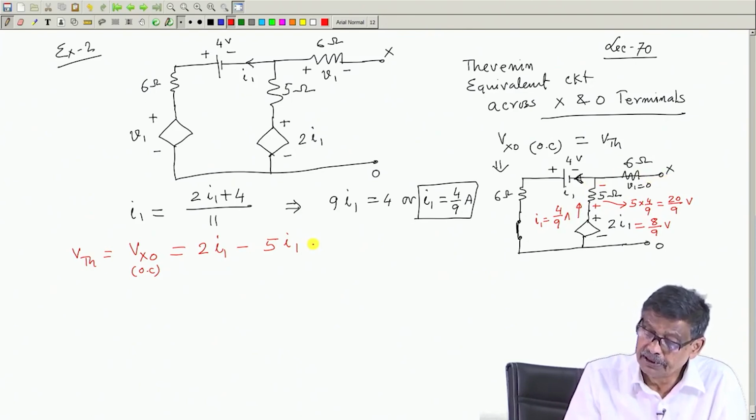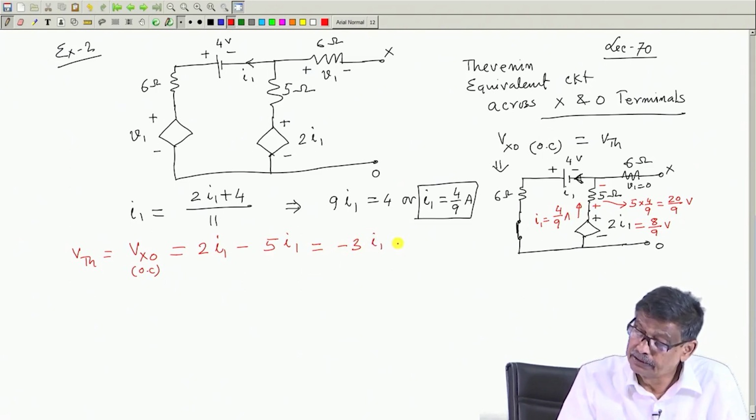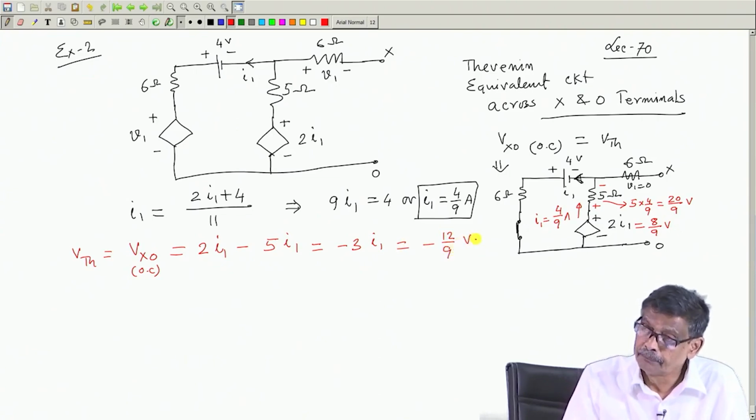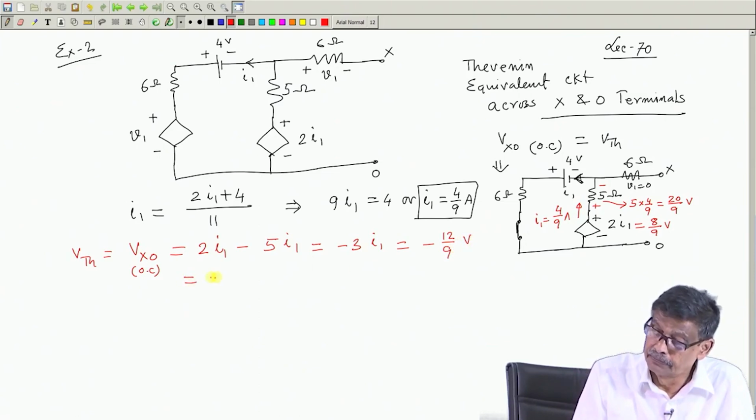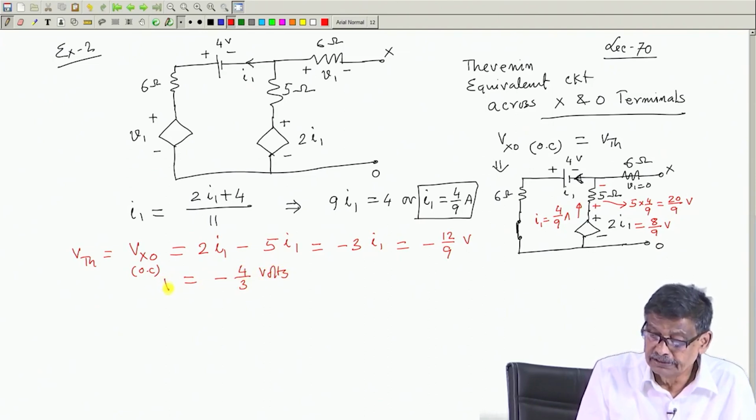So, this will be equal to minus 3 into I 1, which is equal to minus 12 by 9 volts, which is equal to minus 4 by 3 volts. So, this is the V Thevenin's.